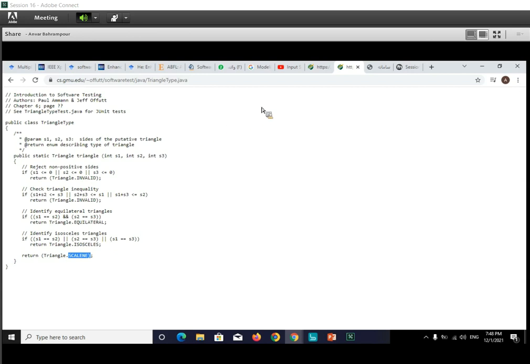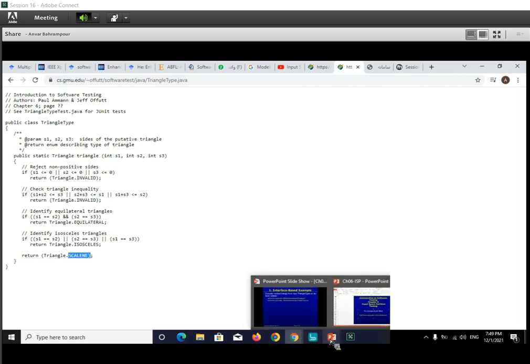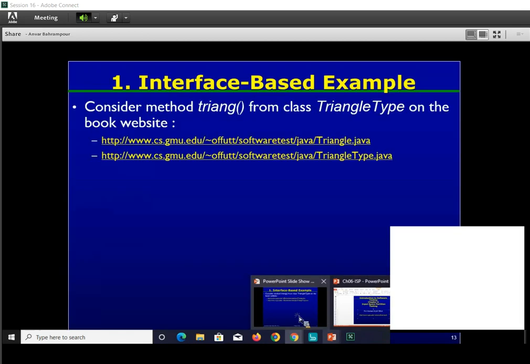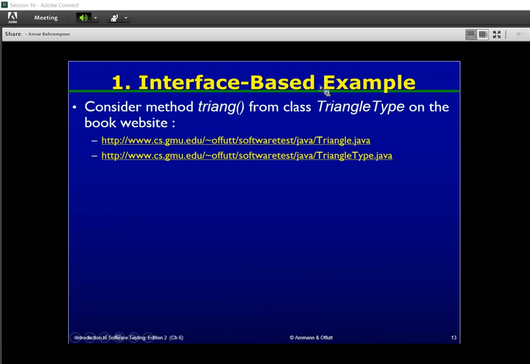Okay, this is the program for detecting the type of triangle, and we consider this as our example to design or to model our input domain by the two approaches, the interface-based approach and the functionality-based approach.